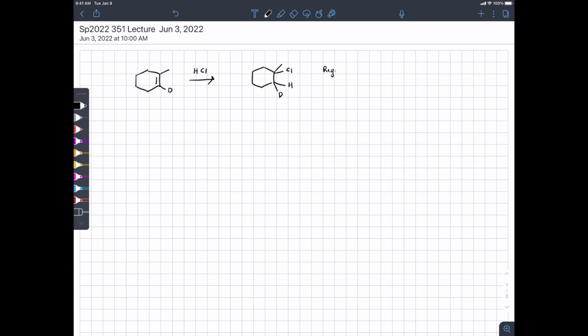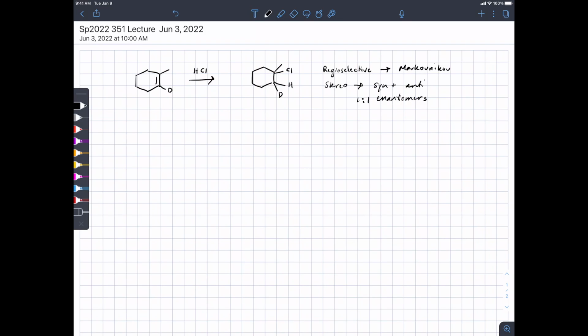The regioselectivity here is for the chloride ending up on the more substituted carbon, which your text calls the Markovnikov rule. And in terms of stereochemistry, you get both syn plus anti, and whenever you make chiral products, you have to make a 1-to-1 mixture of enantiomers.